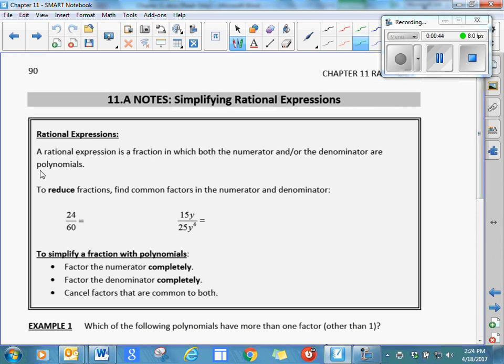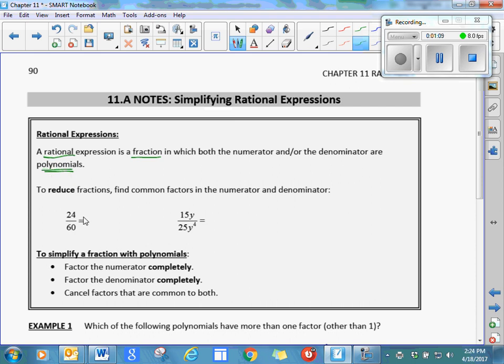You may or may not remember from 7th grade, a rational expression is a fraction, a ratio. It's got a numerator and a denominator. The rational expressions that we're going to mostly concern ourselves with in this unit are where the numerator and denominator are both polynomials, meaning more than one term. Monomial is one term, polynomial is two or more.